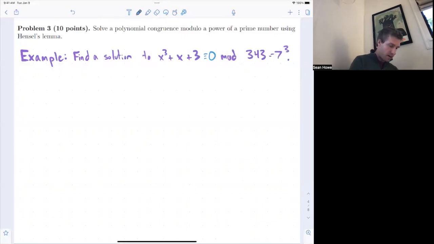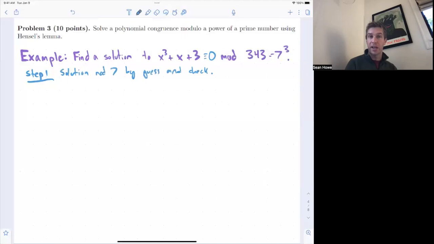Step one, I need to find a root or a solution mod 7. And I should do that by guess and check. So I just start plugging in values. If I plug in x equals 0, I get 0 cubed plus 0 plus 3.